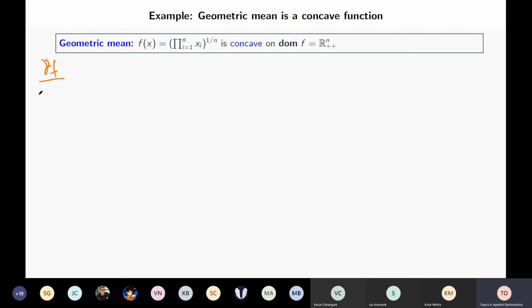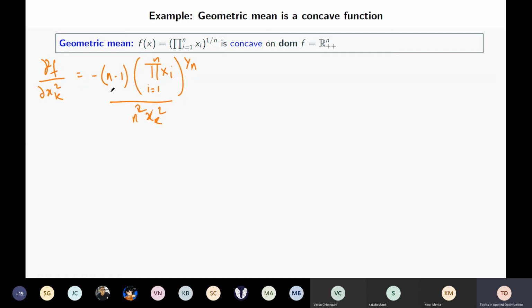Okay, so del 2 f by del x k square, let us say with respect to the kth component, I claim this will be (1/n minus 1) times the product of xi, i equal 1 to n, to the power 1 by n, divided by n square xk squared.